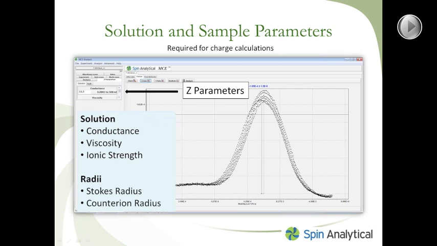You need the Stokes radius of the protein or whatever macromolecule you're working with, and you need the counter ion radius to that. Since we usually work in sodium or potassium, we very rarely change the counter ion radius. Stokes radius, though, depends upon the molecule. You can obtain that either from dynamic light scattering or from sedimentation.